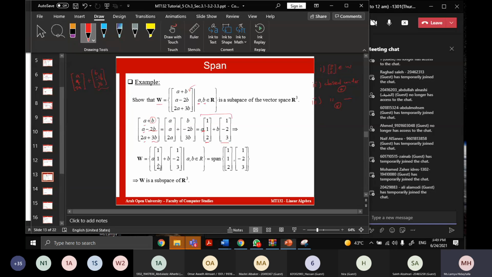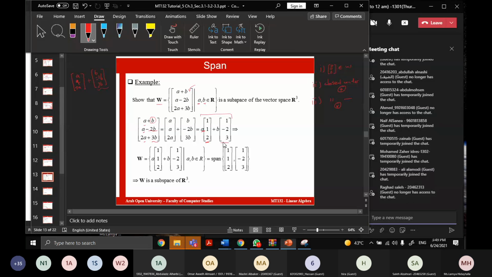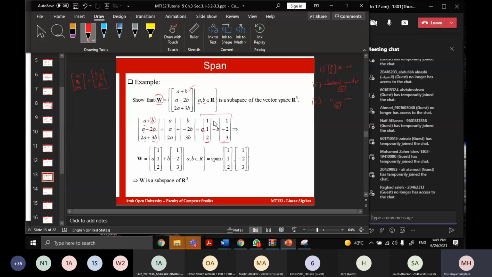What is this now? Isn't it a linear combination of these 2 vectors? Yes, it is a linear combination of these vectors. So that means my space W is generated from these 2 vectors by doing linear combinations of them, correct?